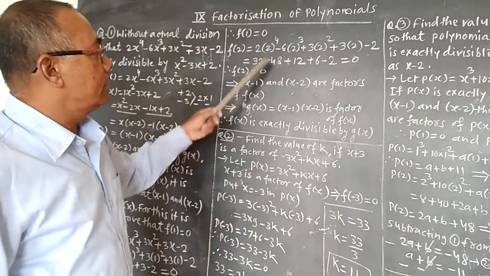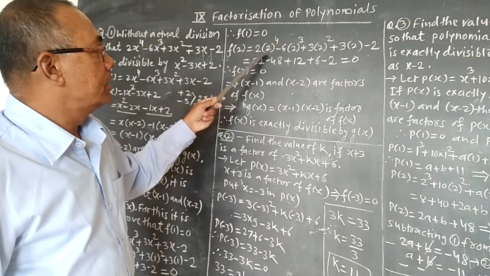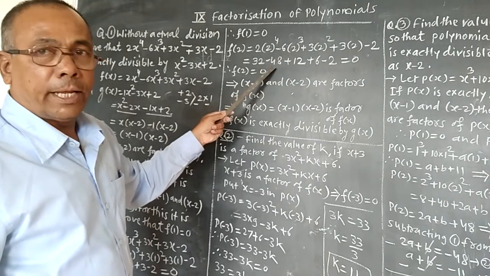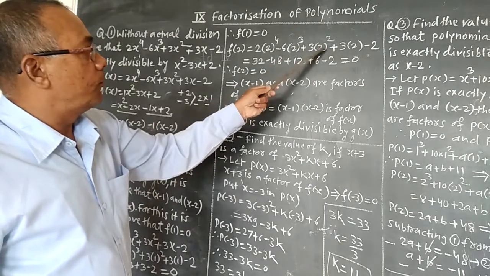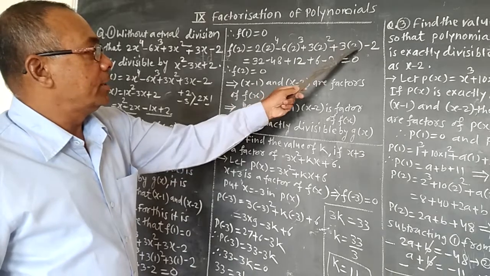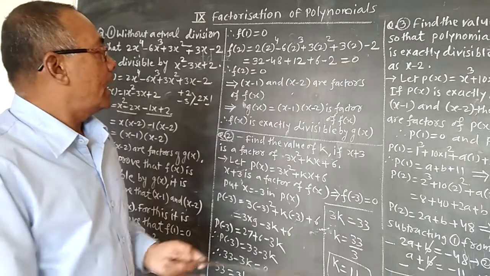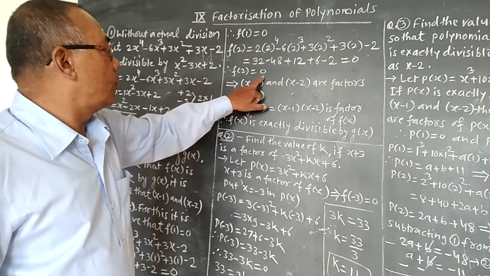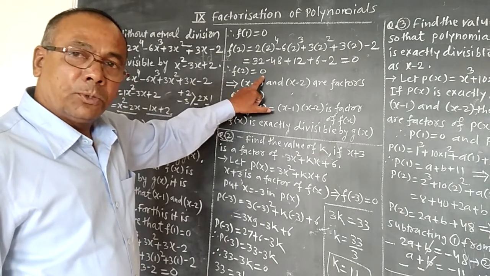Then 2⁴ is 16, 2 sixteens are 32, 2³ is 8, 6 eights are 48, 2² is 4, 3 fours are 12, 3 twos are 6, minus 2, and the summation is 0, and therefore f(2) is equal to 0.